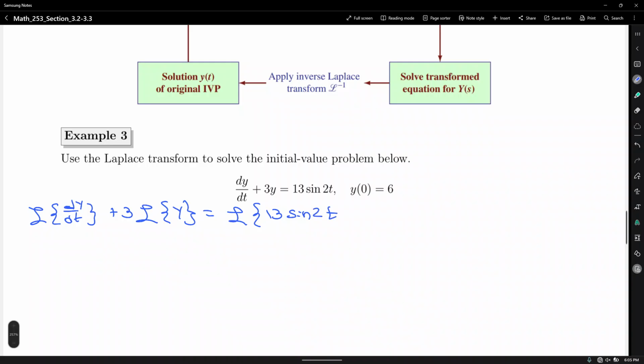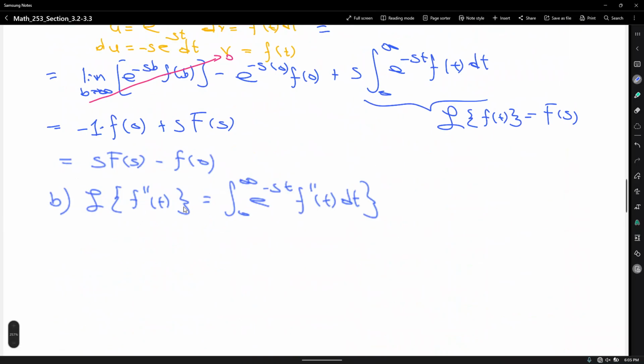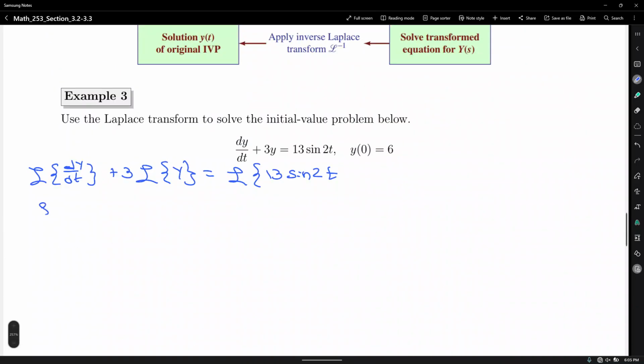What was the transform of the first derivative? Wasn't that s F of s minus f of 0? So this is s F of s minus f of 0. Actually, because we're using y, I'm going to switch from f to y, since I'm about to take the Laplace transform of y, which is plus 3 times Y of s, equals 13 times the Laplace transform of sine 2t, which is 2 over s squared plus 2 squared, which is 4.